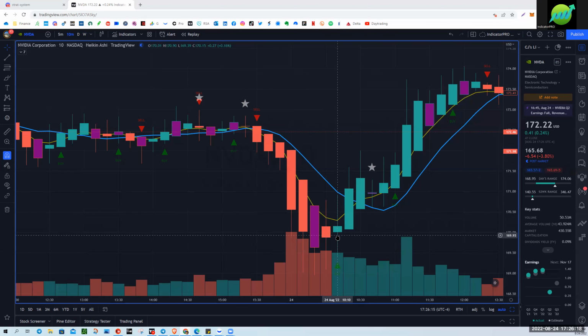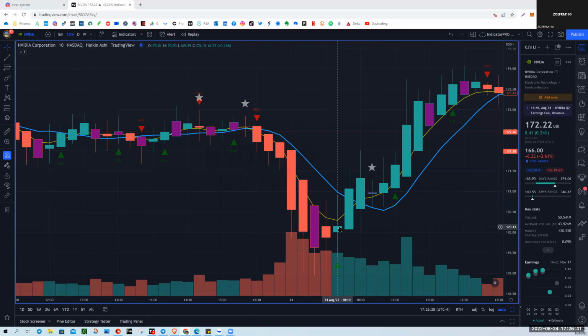So you're looking at this. The next one is, is the candle breaking above the yellow line? And you notice that it's breaking above the yellow line. So you do have one confirmation in regards to that. The next question is, is it breaking the blue line? And here's your blue line.